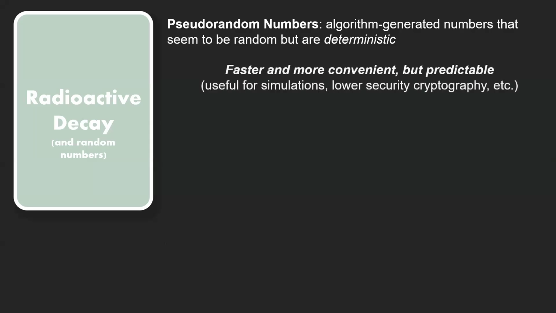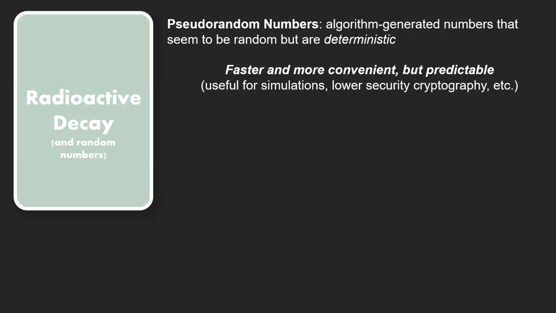And those algorithms are faster and more convenient than the other method I'm going to talk about, but obviously they are predictable. So they're used in certain simulations, for example, scientific simulations that need to take into account random factors. So we can use these numbers for that. Or we have lower security cryptography or encryption, etc.